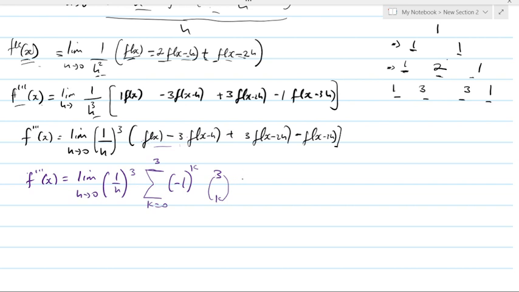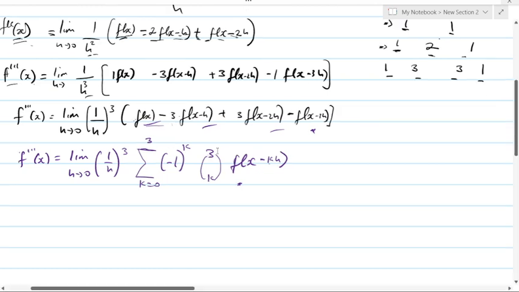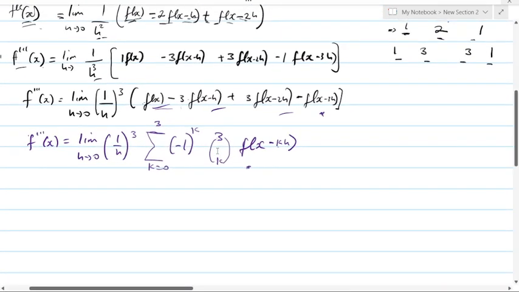To capture the function, we have f of x minus kh. So when k is equal to 0, we have f of x, and when k is 1 we have this term, when k is 2 we have this, and so on. So this captures the whole thing. With this summation sign we can easily derive the nth derivative for this particular function.